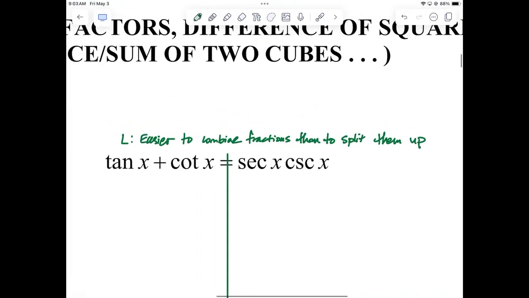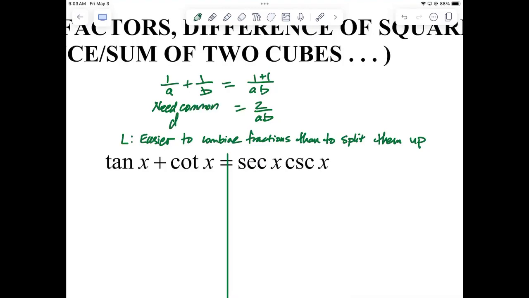Okay, so here's what I mean. If you have 1 over a plus 1 over b, that's 1 over ab, or 1 plus 1 over ab, which is 2 over ab. All you need is a common denominator. It's easy to find a common denominator and to combine two things.